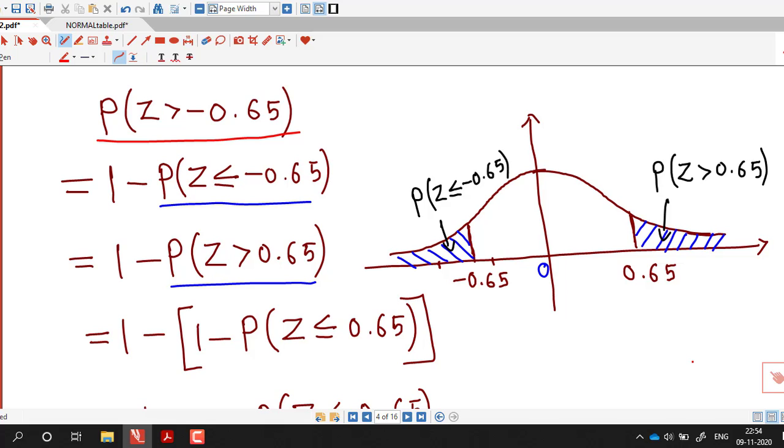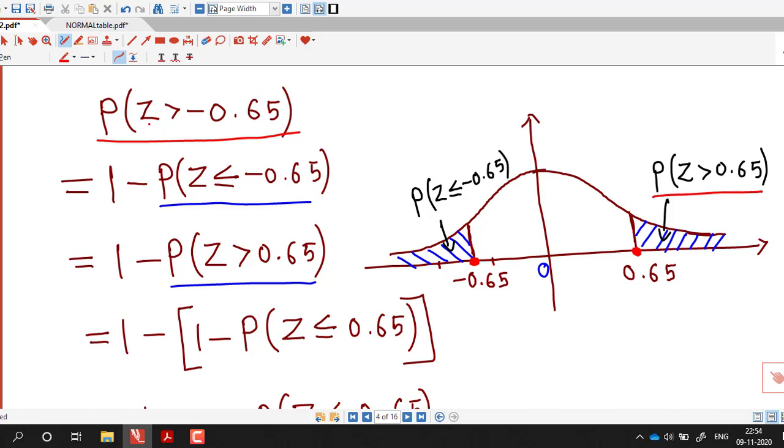Here if you observe, the area to the left of minus 0.65, this area shaded by blue lines, and the area to the right of 0.65, both are equal, by the symmetry of this standard normal curve. Area to the left of minus 0.65 is the same as area to the right of 0.65.